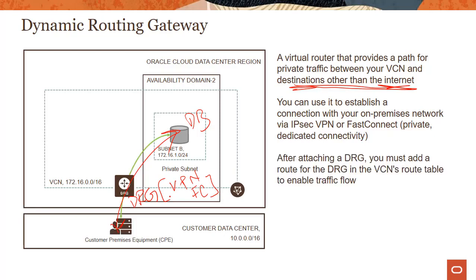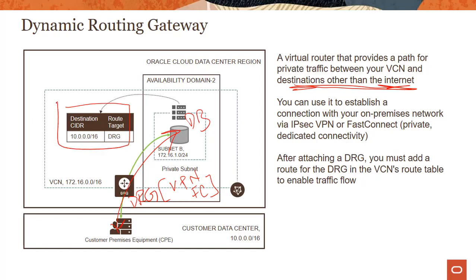After attaching a DRG, you must add a route for the DRG in the VCN's route table to enable traffic flow. This is pretty standard. We saw this earlier in the VCN module. If you don't add this route, the packets get black-holed. They have no way to figure out that they have to go to on premises through this gateway.